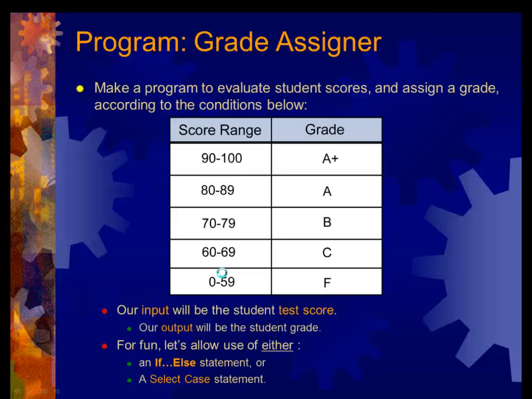And, right? So what would I say? If score is less than or equal to 100, and, capital A and D by the way, and greater than or equal to, or whatever it is, greater than 90.